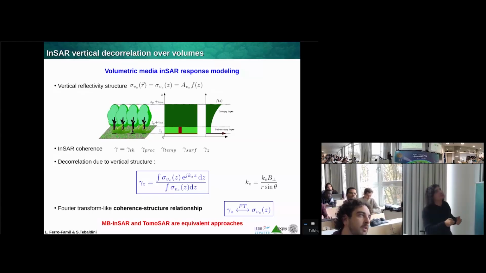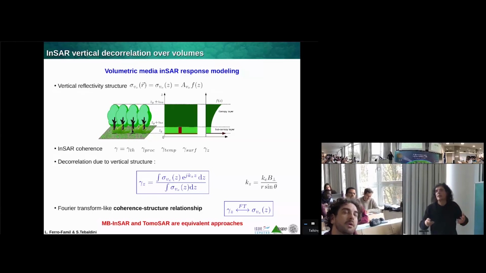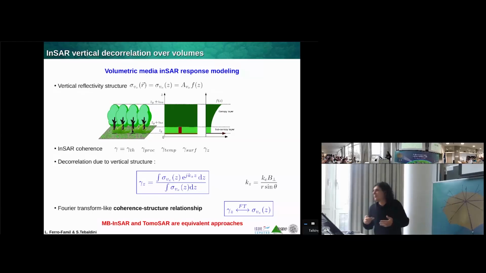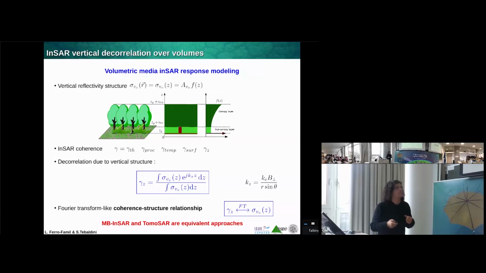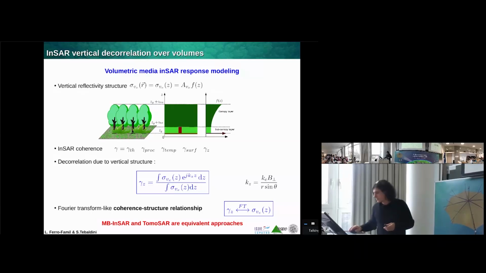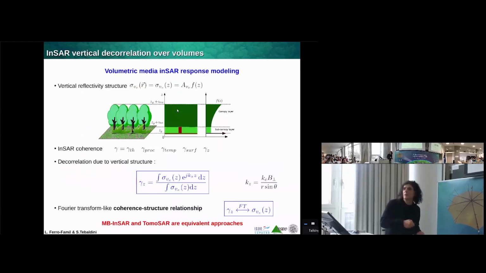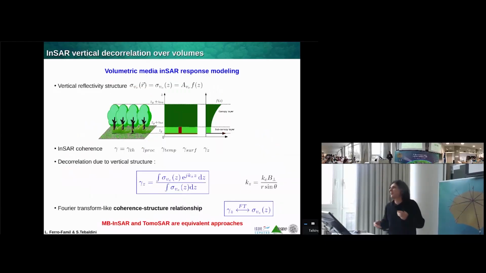I prefer to see multi-baseline InSAR as TomoSAR because this vision better fits my background. But we are looking exactly at the same thing. Sometimes it's more convenient to give an interpretation in one domain or the other, but in the end, you can always translate one property from one domain to the other.